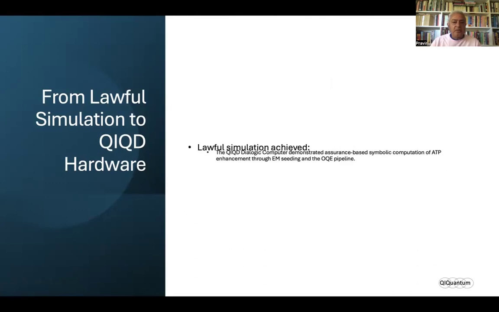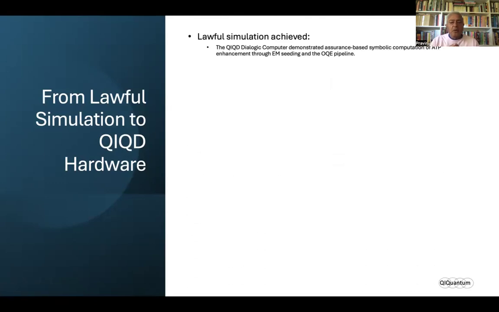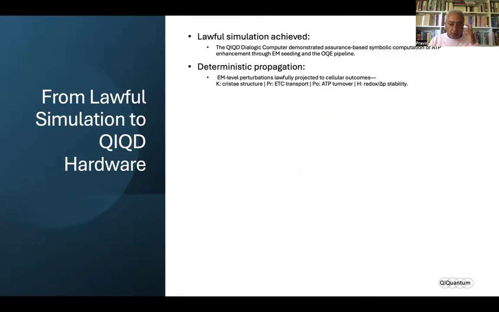So to summarize, basically what the QIQD Dialogic Computer is suggesting is that lawful simulation is achieved. So it demonstrates assurance-based symbolic computation, the symbolic computation taking place in the QIQD Dialogic Computer of ATP enhancement due to electromagnetic seeding of that cocktail of frequencies, and the OQE pipeline that is leveraged, which is a core dynamic in QIQD.